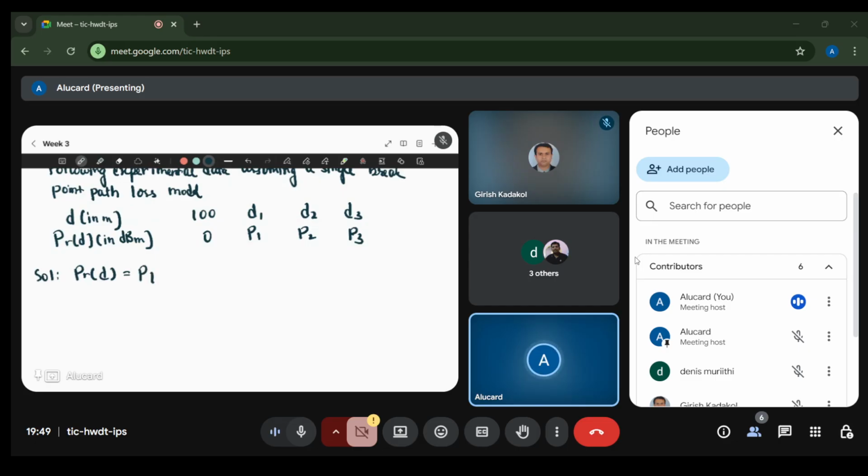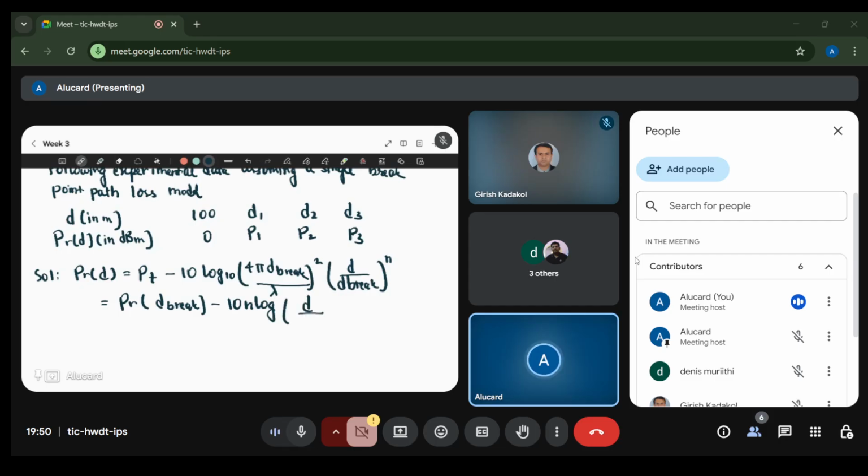Power received is the power transmitted, these are all in dBm, minus 10 log to the base 10 of (4 pi d break over lambda) whole squared, into d over d break to the power n, which is the power received at d break, minus 10 n log of d over d break.